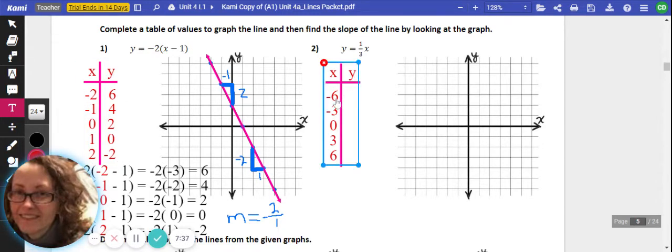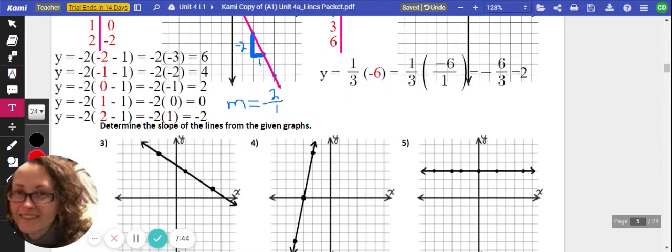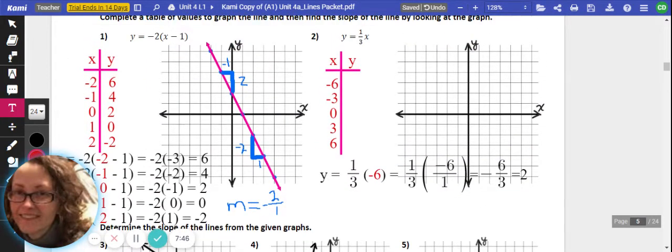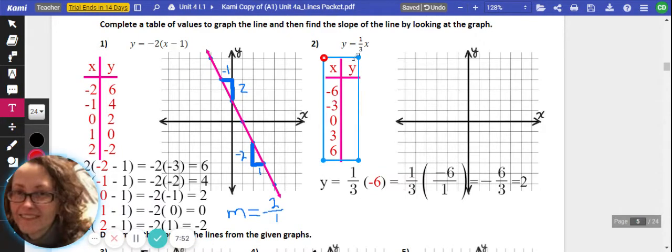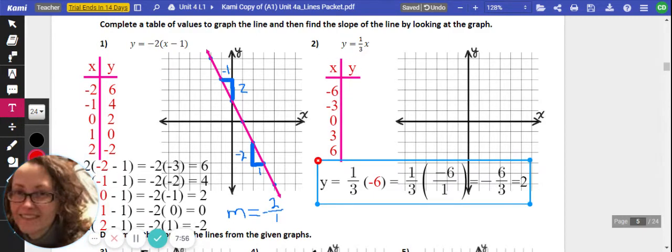If I put in my -6 for my x value, I end up getting this equation here. So basically I've just replaced my x value with a -6.